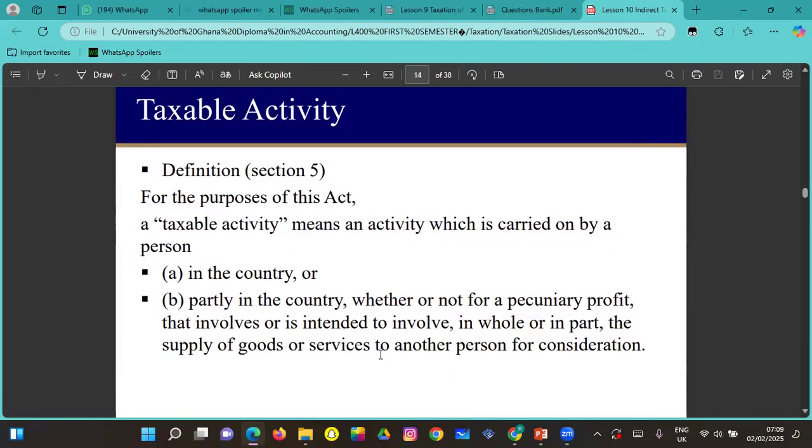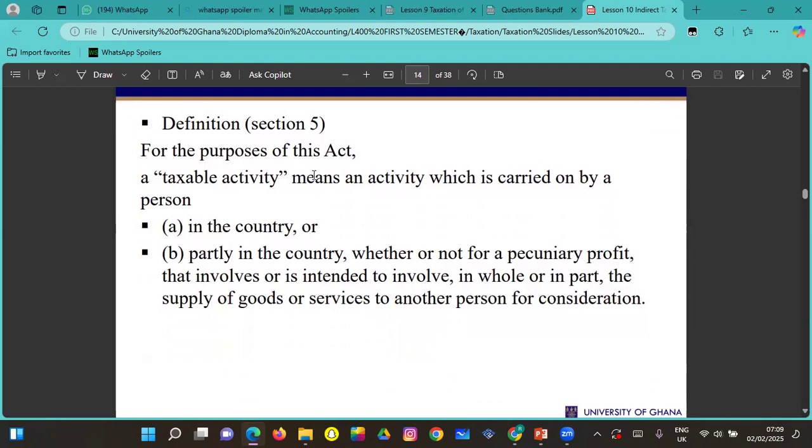So now let's look at taxable activity. For the purpose of this act, taxable activity means an activity which is carried on by a person, who is in the country or partly in the country, whether or not for a pecuniary profit, or that involves or is intended to involve, in whole or in part, the supply of goods and services to another person for consideration.